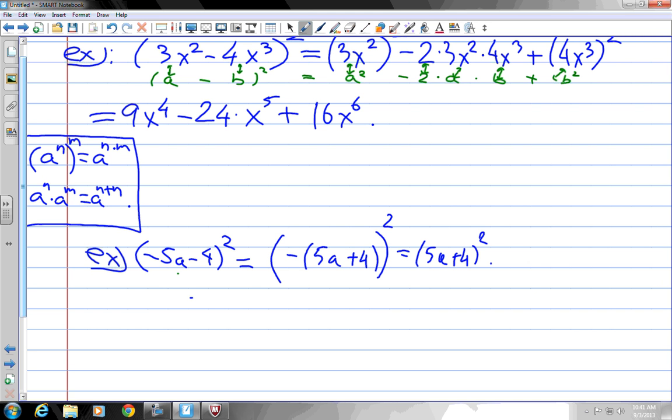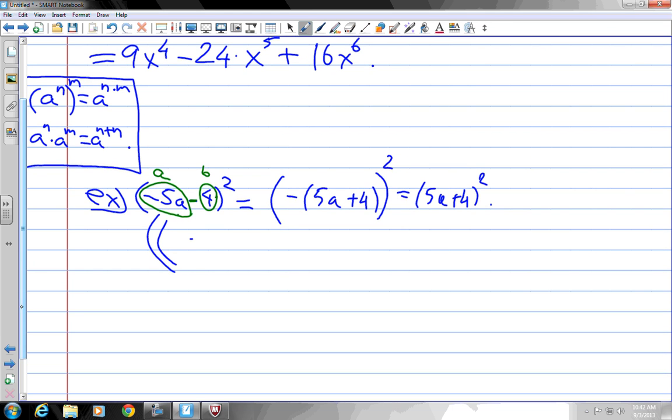But that's what I was saying originally. If you see those kinds of negatives, then make sure you treat this negative 5a as your a in your formula, and 4 is your b in that formula. And then you carry that negative through. The negatives will cancel out, but you have to be really careful with your negatives. Because look what happens. If you do it that way, it is negative 5a squared, if you're actually thinking of negative 5a as your front a.